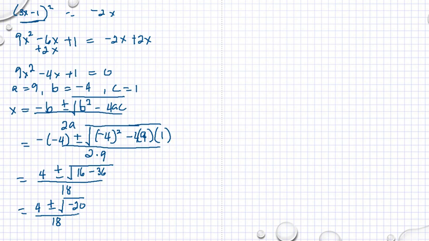As you can see, the number inside the radical sign is negative. So that means if you put that in your calculator, you will get an error. That means this equation has no real roots.